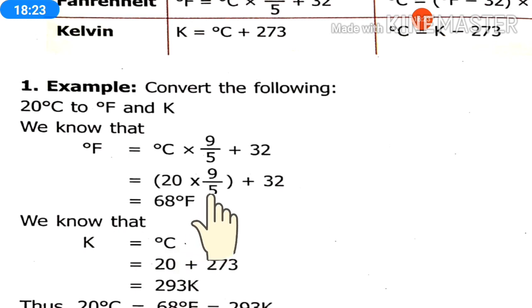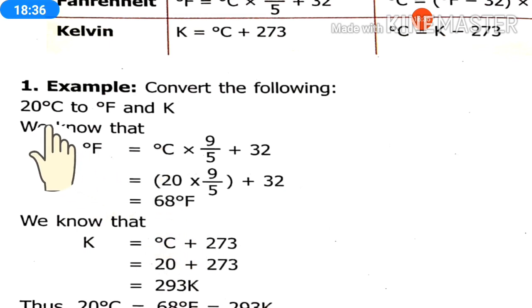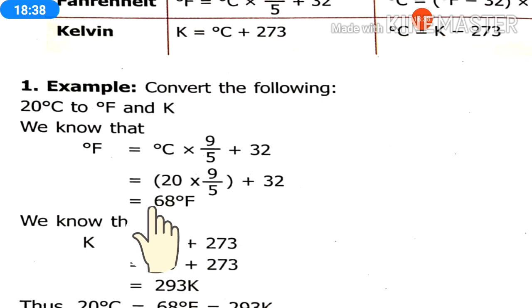When you do this, 20 cancels by 5, 5 4s are 20, and 4 9s are 36. Okay, 36 plus 32 is 68. So 20 degrees Celsius equals 68 degrees Fahrenheit.